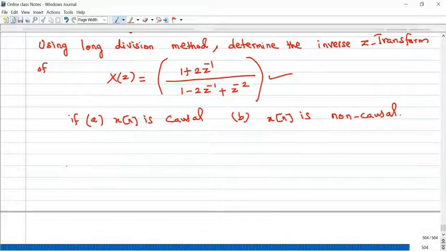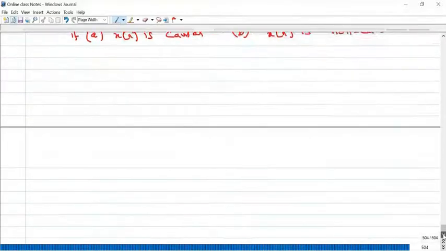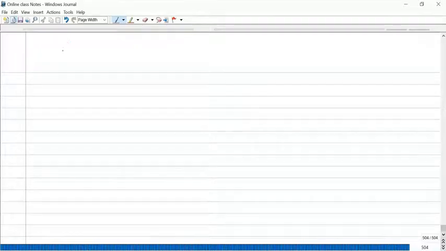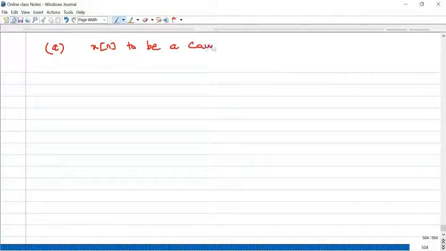So first method, if x of n is to be causal. What is a causal signal? The signal available only for positive values of n.